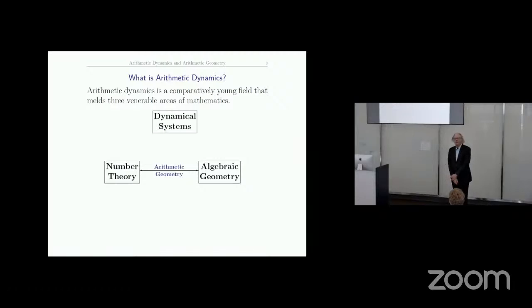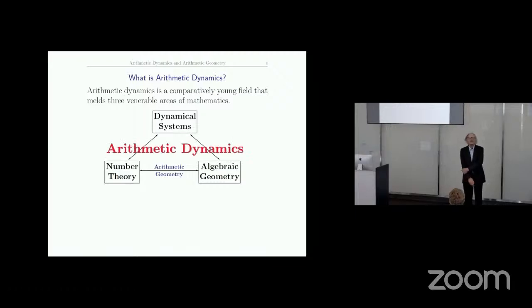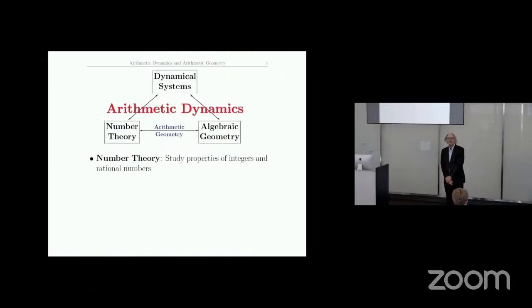And then I want to throw into the mix the field of dynamical systems. And if you combine these three, you get what is called arithmetic dynamics. So let me just mention briefly what each of these three pieces are and then how we fit them together.